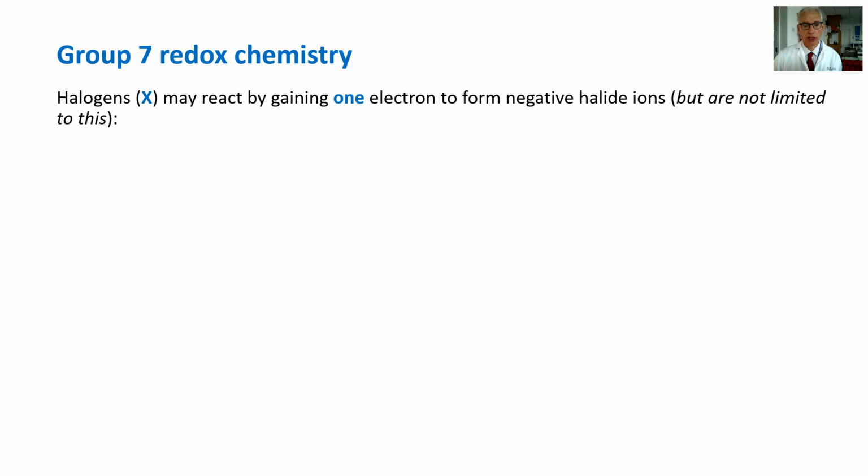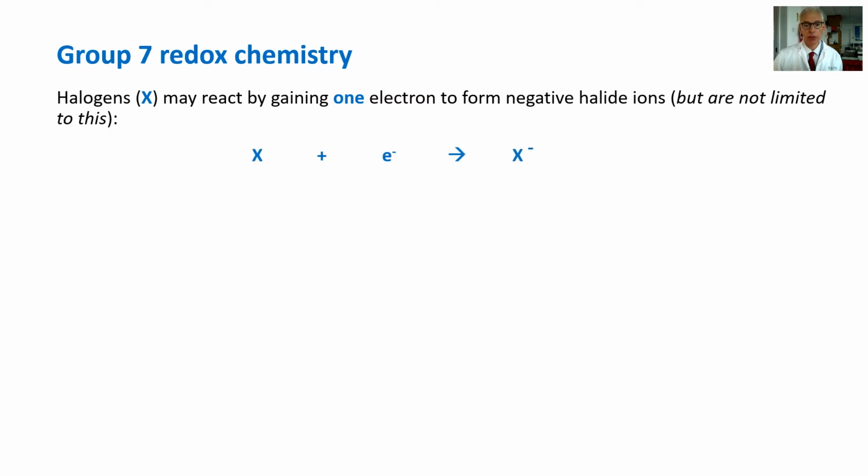Moving on to the redox chemistry of group 7, and here in particular we're going to consider the gaining of one electron to form a negative halide ion. We're not going to consider the halogens in their covalent chemistry, which we looked at in bonding sections.